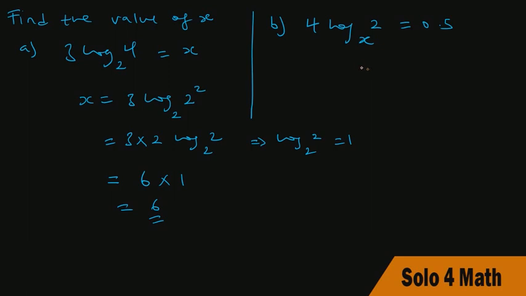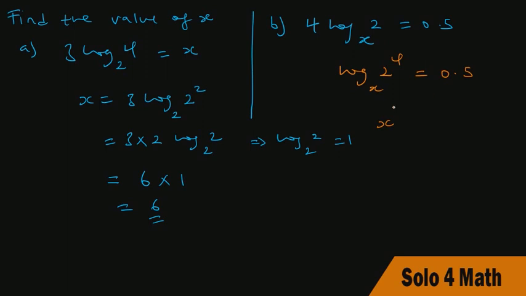So first we take this side so that we have log of 2 to the power 4 base x equals 0.5. Now to change to index notation, the base remains the same.